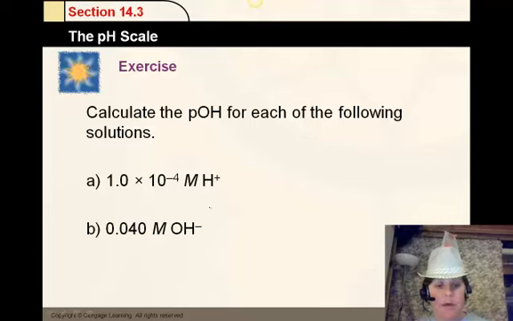All right, 1 times 10 to the negative 4 molar hydrogen. Well, we already know that the pH of that is 4. And so the pOH of that would be 10, because of course 10 plus 4 is 14, which is the pKw. And the 0.040 molar OH, the pOH, pretty easy, it's just the negative log of that, and that's about 1.40.